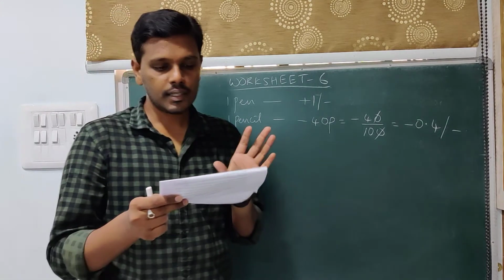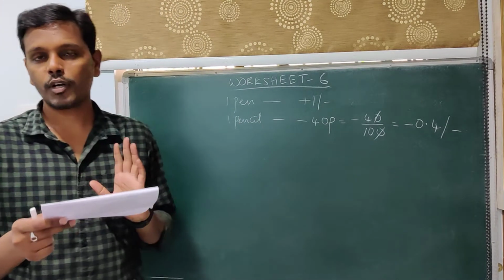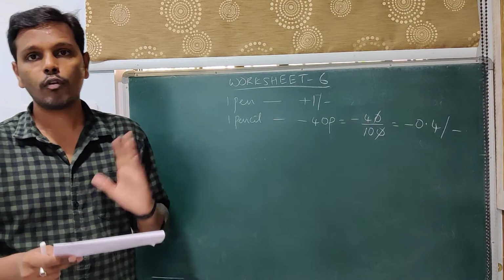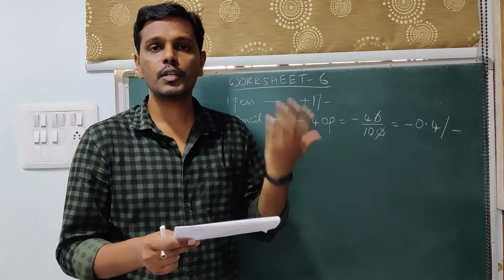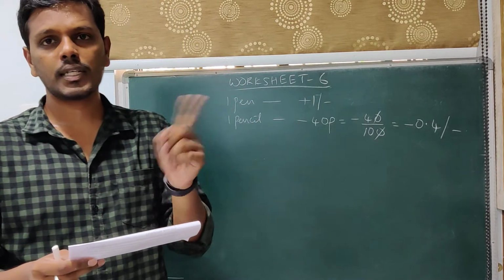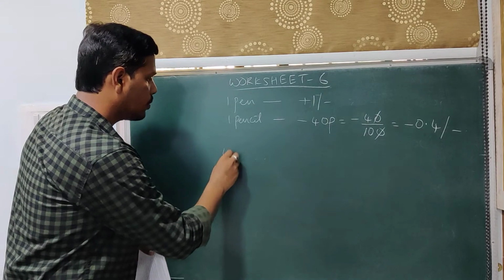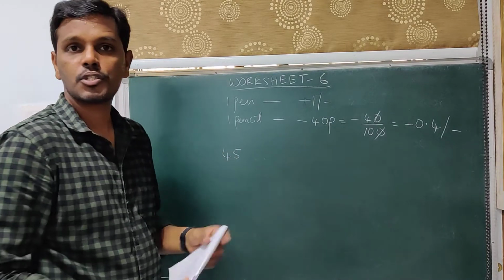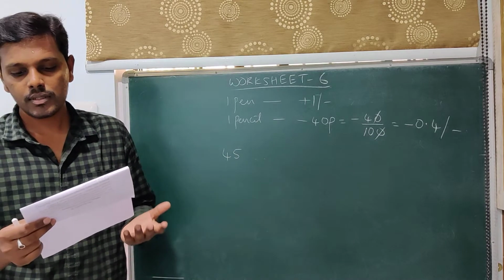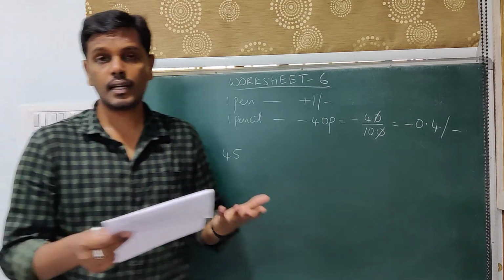In that particular month, she sold 45 pens. On one pen, she gets 1 rupee. On 45 pens, how many rupees does she get? One pen, 1 rupee; 45 pens, 45 rupees. So on the stock of pens, she gets 45 rupees. Now, we don't know how many pencils she sold in that period.